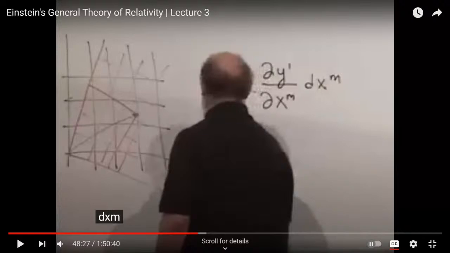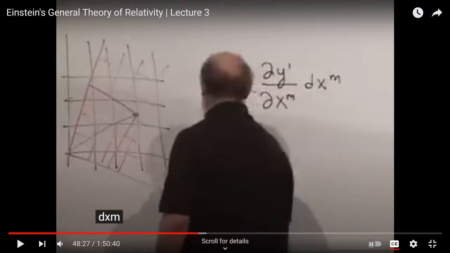This is the total y1. So what does it mean? You want to view the new coordinate system as a function. So you want to talk about dy1. The question is, what happens to dy1 as I change the x, as I move from this point?